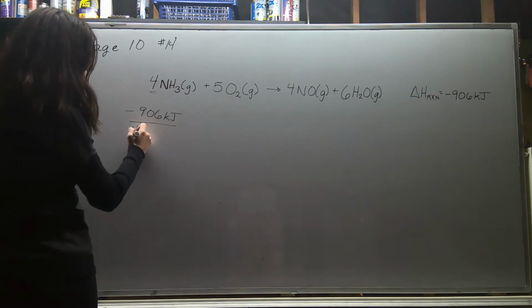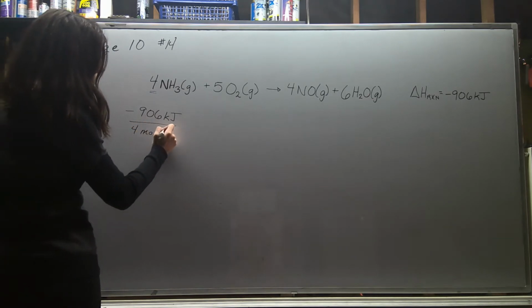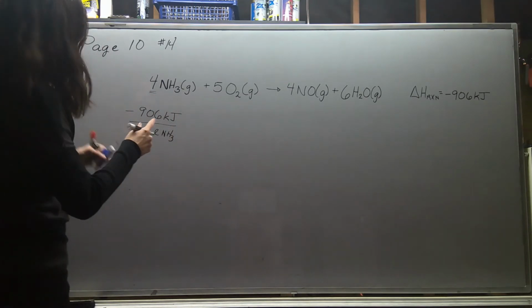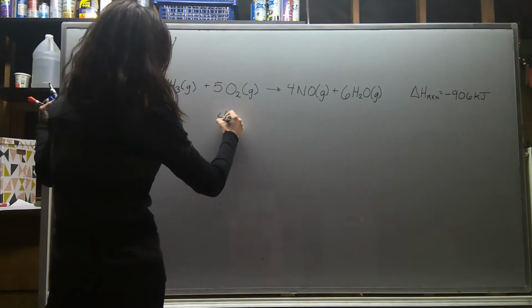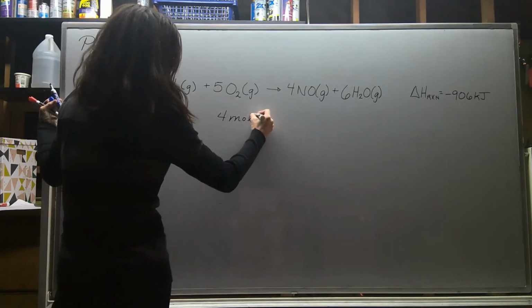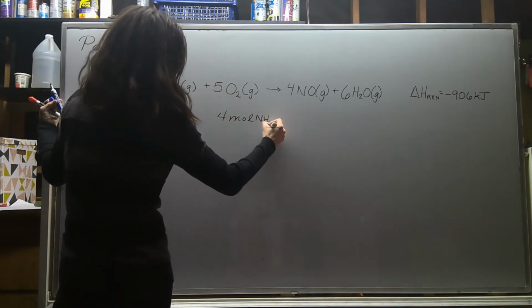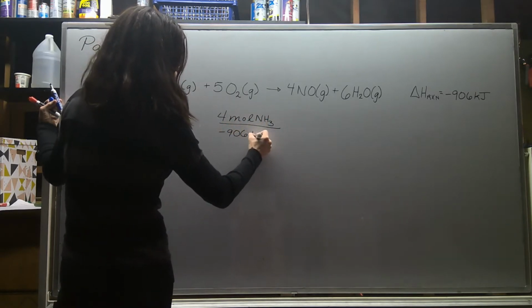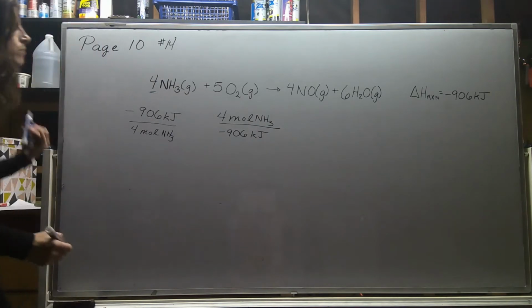So there'd be 4 moles of ammonia associated with negative 906 kilojoules. Like all conversion factors, we can flip it. So we could say 4 moles of ammonia in the numerator and negative 906 kilojoules in the denominator.